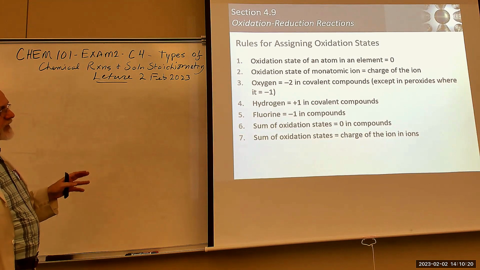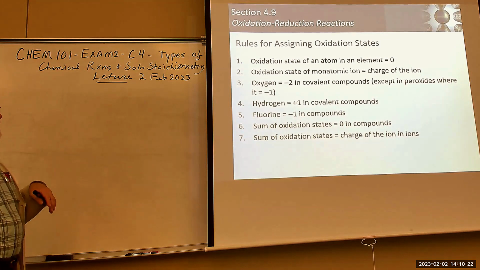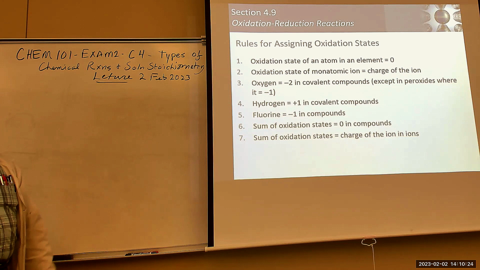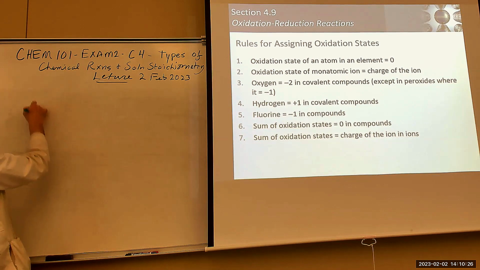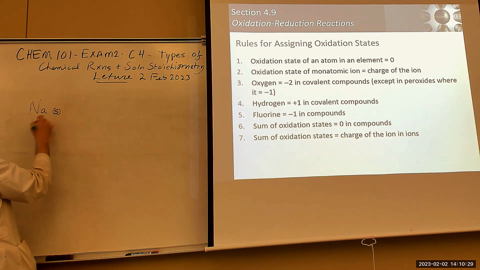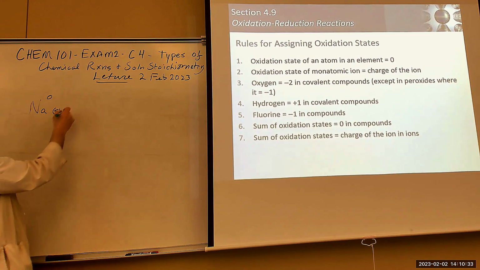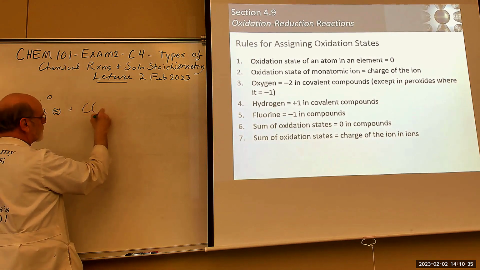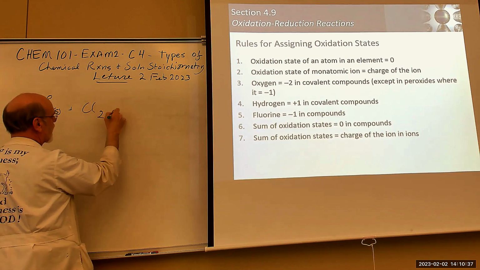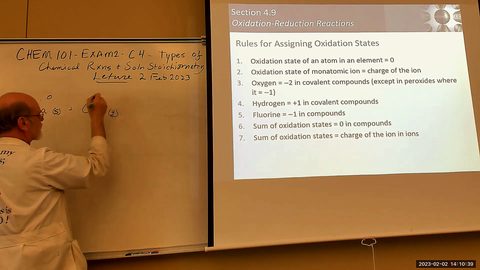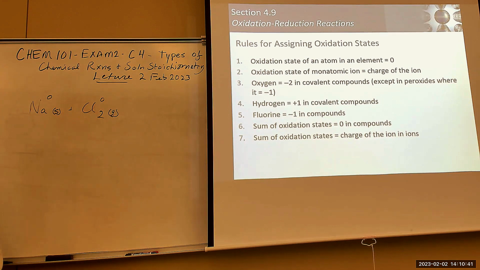So we say oxidation state of an atom as an element is always 0. So if we said this, sodium metal, the oxidation state would be 0. Or if we said this, chlorine gas, the oxidation state for each of those chlorine atoms would be 0 because they're both elements.